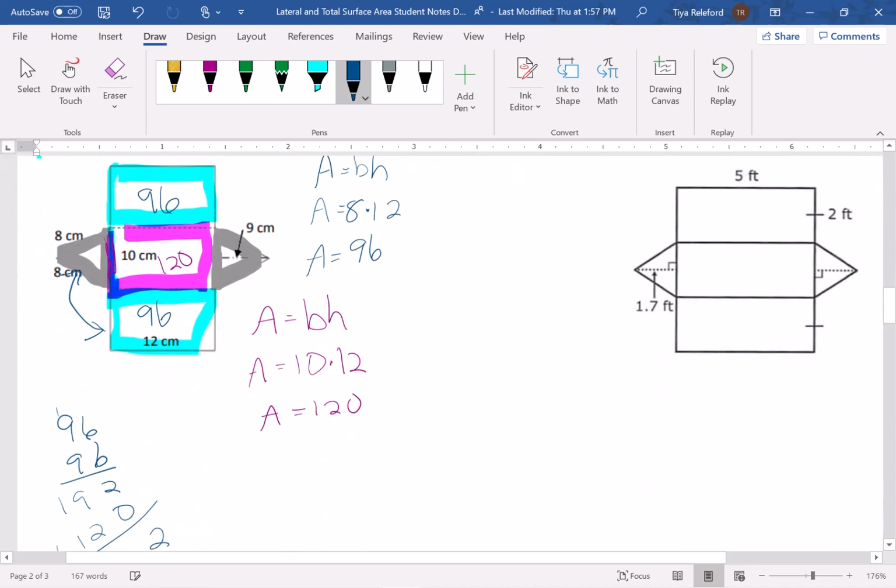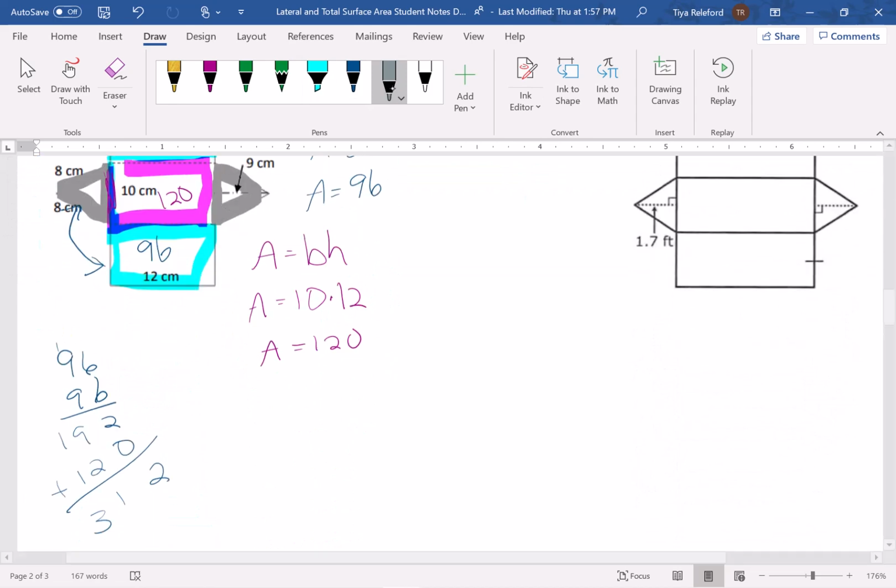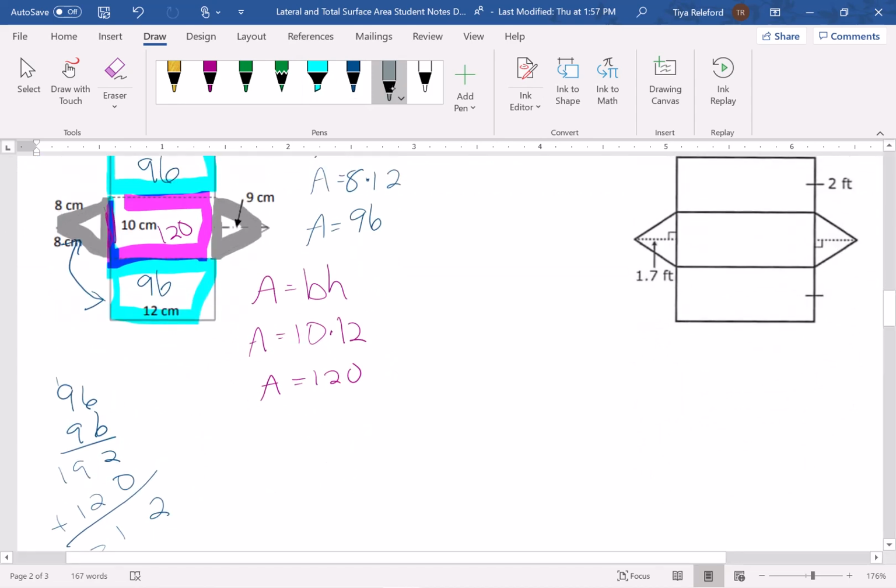Now to get the total surface area, you're going to throw in these bases. Our bases are not rectangles, they're triangles, so you need a triangle formula. The base of my triangle is 10, and the height is 9, not 8.